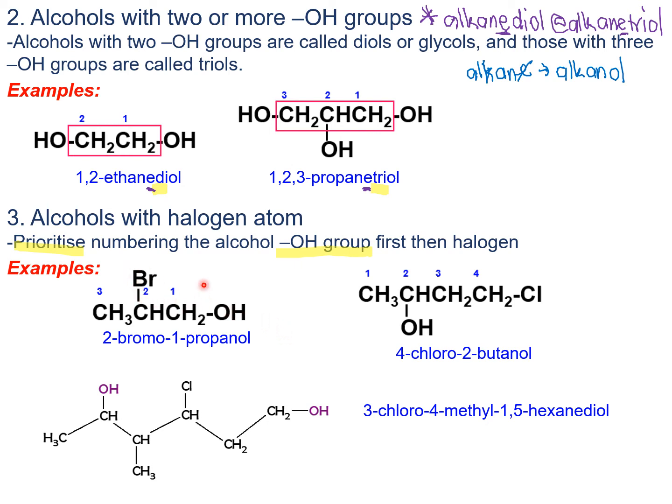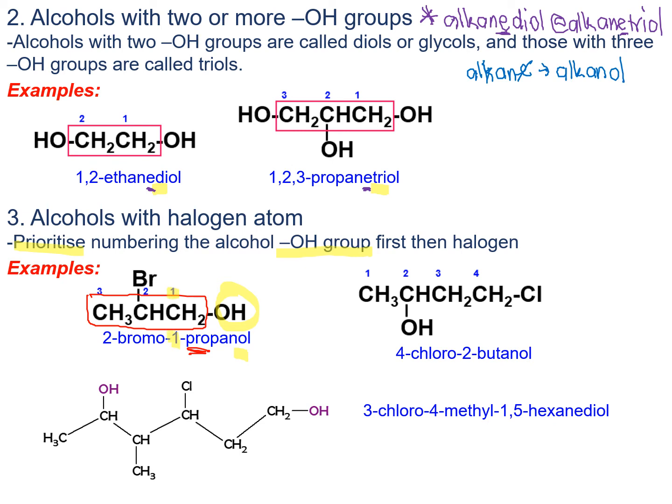Okay, if you look at this one, it has 3 carbons in the longest chain as the parent, so 3 means prop. So propane, but the E you replace with OL because of the presence of OH. Now, at which position is the OH? The first position.